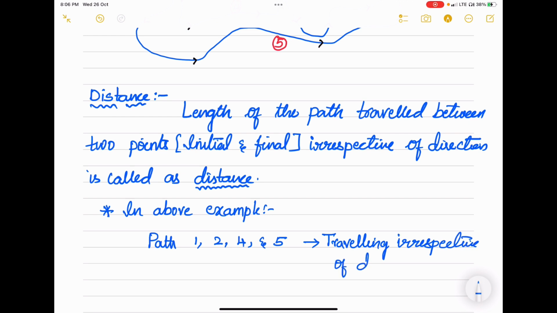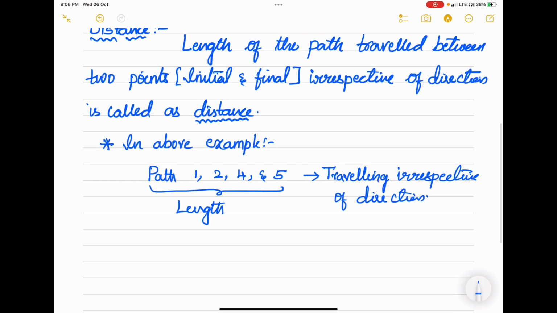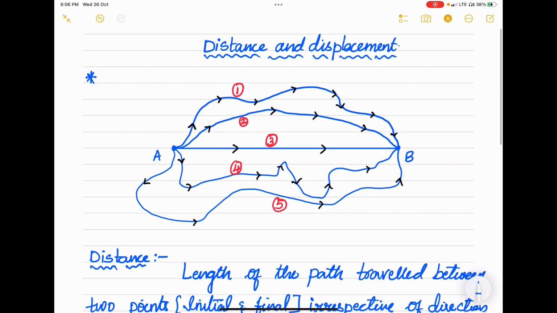Therefore, directly, the length of these paths we can say straight away is the distance between the two points A and B. So the length of path 1 is a distance, the length of path 2 is also a distance, the length of path 4 is also a distance, and the length of path 5 is also a distance.